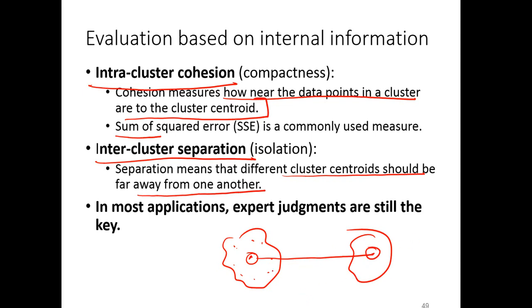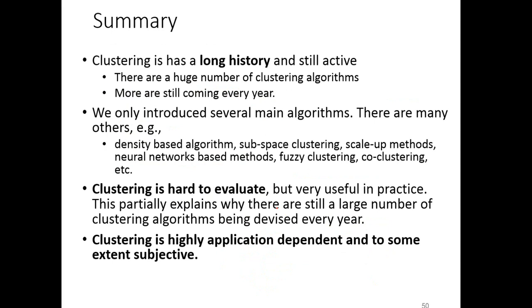And then you see which algorithm gives the minimum intra-cluster distance and maximum inter-cluster distance. The one that gives the maximum inter-cluster distance and minimum intra-cluster distance is the one to be selected. Okay, so that's one way of comparing also. But again, expert judgments are quite helpful, so that's one thing to be kept in mind.